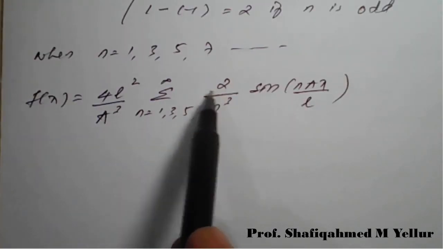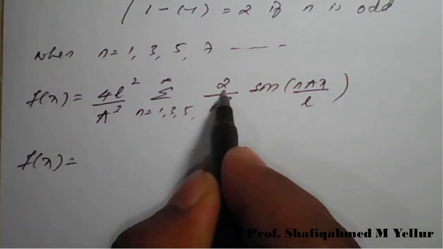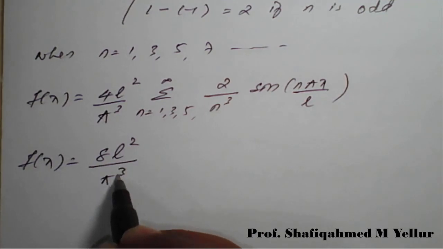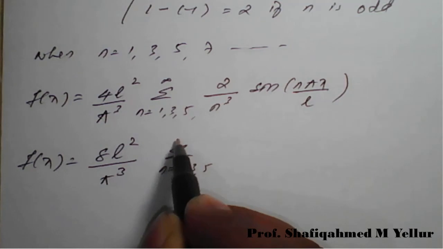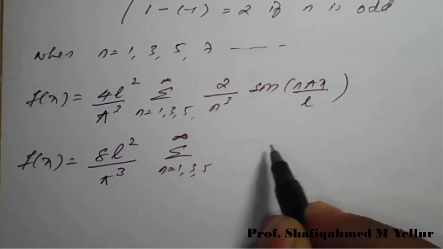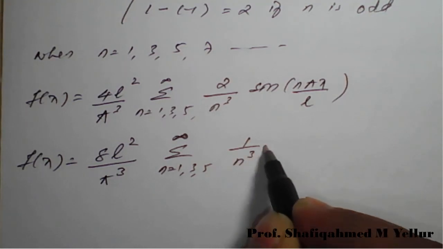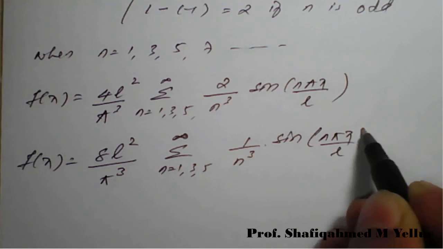So here this 2 you take outside, so 2 into 4 is 8 l square divided by pi cube, summation n from 1, 3, 5 and so on to infinity, it will be 1 upon n cube into sine of n pi x upon l.